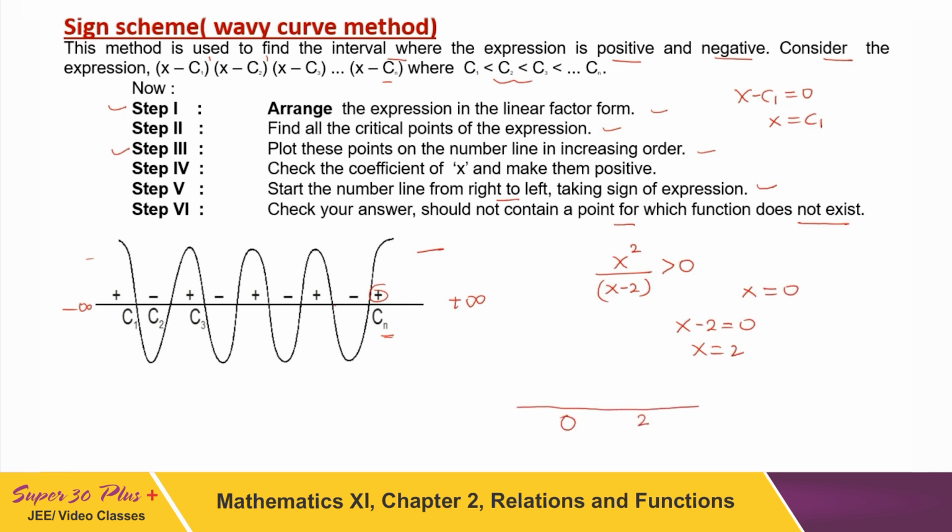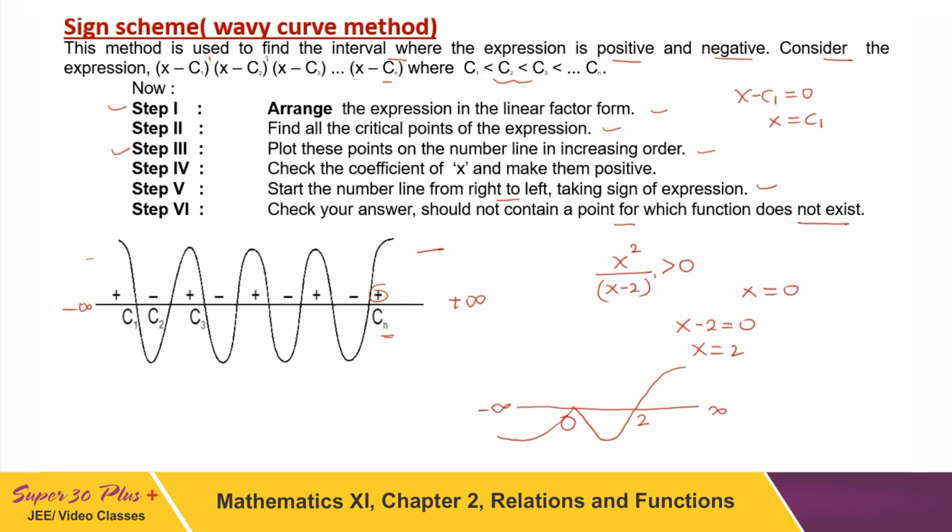A wave comes from the plus infinite side. Now we have to check the power of the linear factor. If it is odd, then this wave crosses the number line and goes to the next critical point. Now at this point, we have to check the power of the critical point 0. It is even, so the wave cannot cross the number line and goes back in the plus direction.